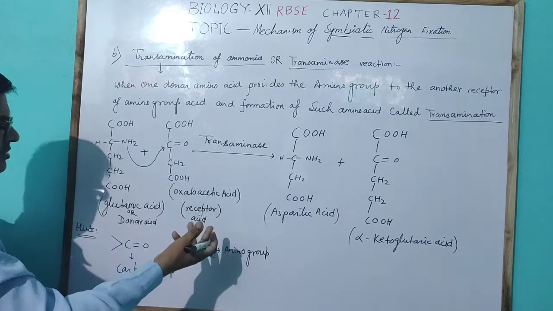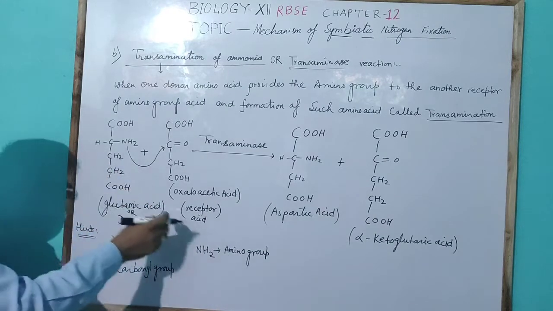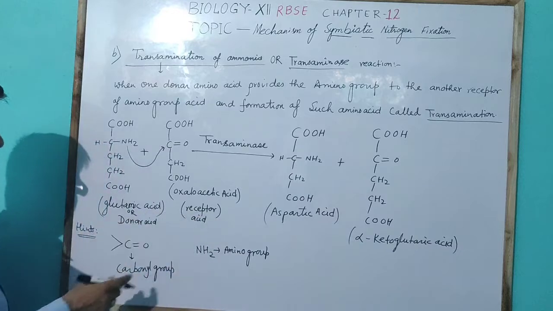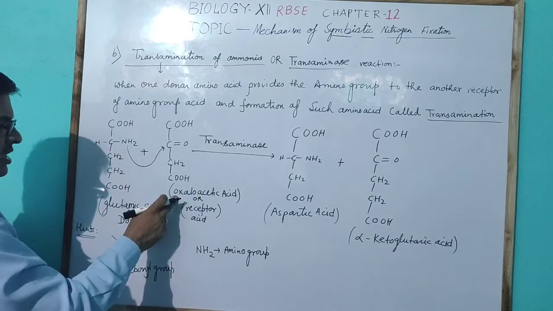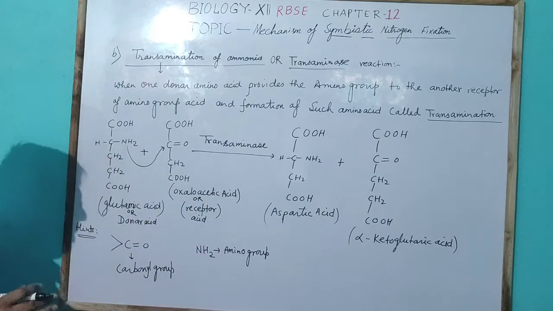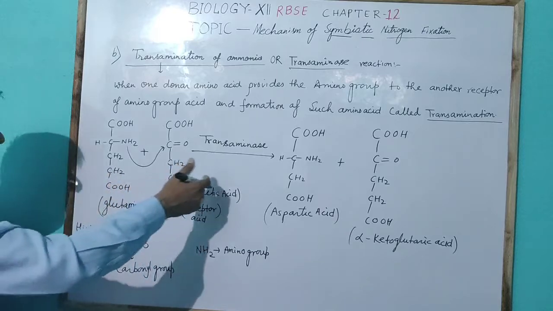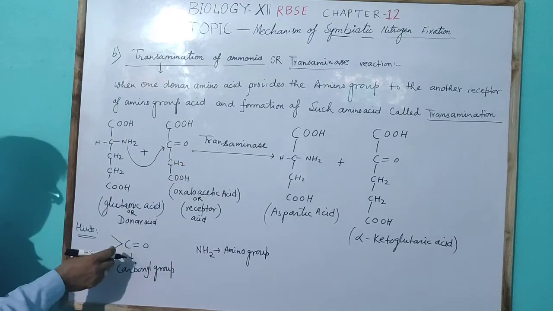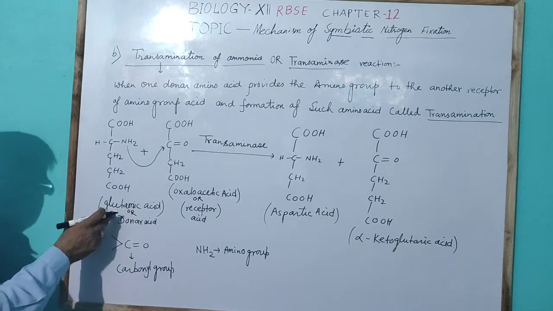The acid which receives the amino group is called the receptor acid, and a good example is oxaloacetic acid. The acid which donates the amino group is called the donor acid. Good example is glutamic acid.